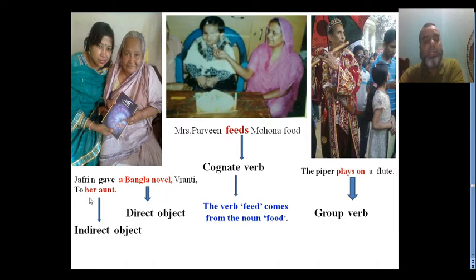Prantik is an appositive. And to her aunt, this is another object.